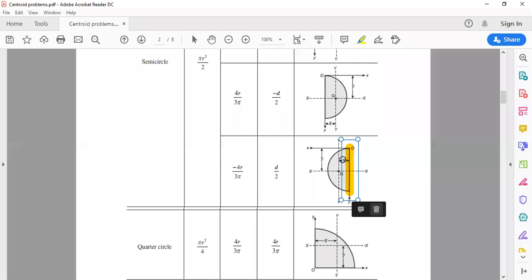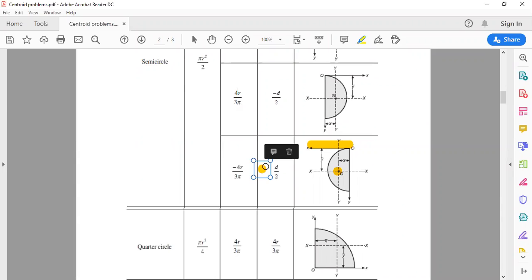In y bar, the distance is measured from reference x-axis. So the distance of this centroid when measured from reference x-axis is d by 2, and this d by 2 should be with the negative sign.